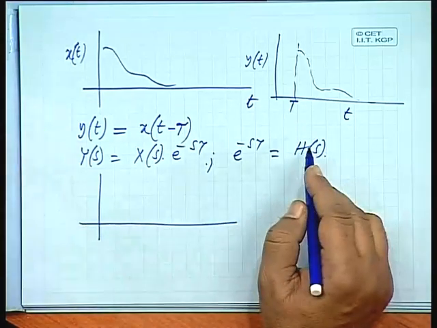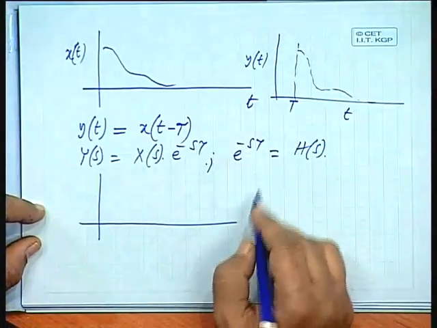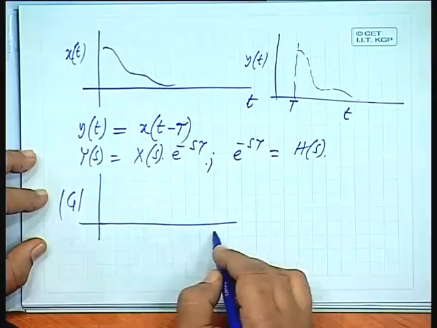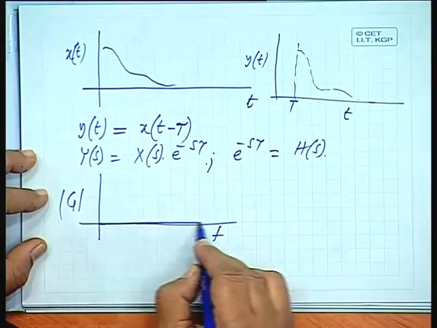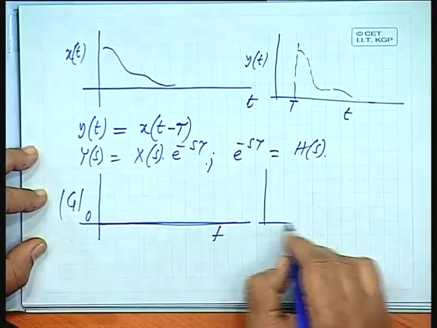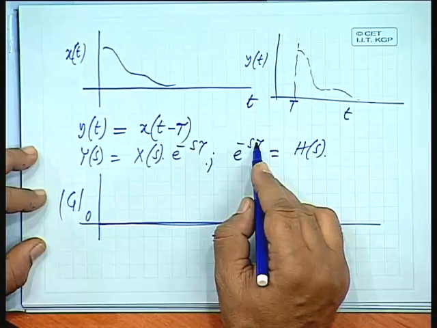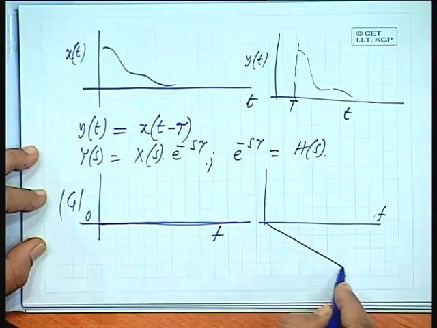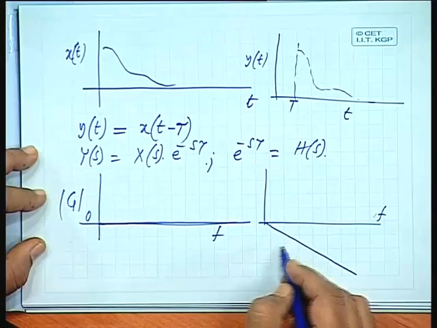What is the Bode plot for this gain plot? e to the power minus s tau, if I put s equal to j omega, its magnitude is always 1. Okay. If you take 20 log of 1, it is always 0. So the Bode plot against frequency is always 0 dB. Okay. What about phase? e to the power minus j omega tau, so omega tau is the phase, negative.